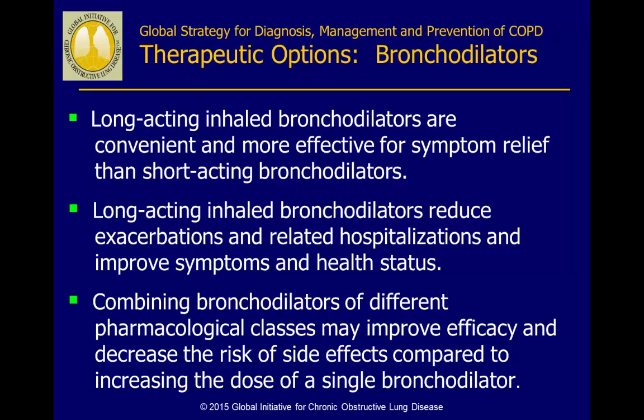So the first step would be your SABA, including SABA for beta 2 agonist, albuterol, levalbuterol, and short acting for anticholinergic, which is your Atrovent. Okay, if it doesn't work, then you could do the LABA.